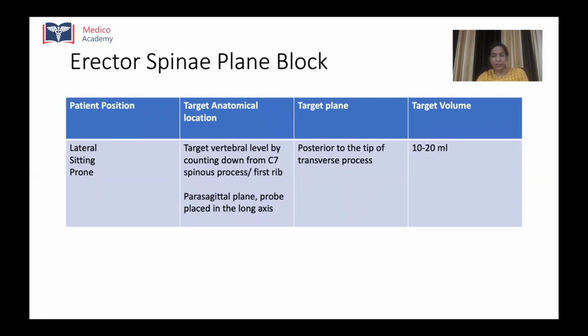So we can identify gradually from the spinous process to the lamina to the transverse process and the rib. Then we take the probe right up to the transverse process and identify the tip of the transverse process. The targeted plane is posterior to the tip of the transverse process, and 10 to 20 ml of the solution is deposited.